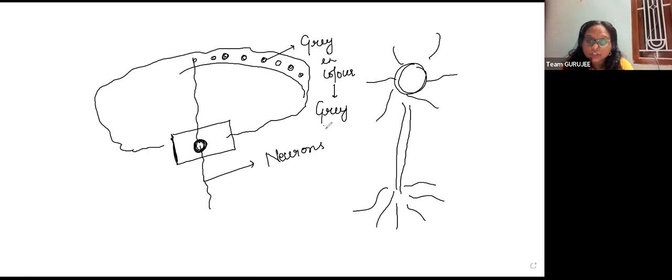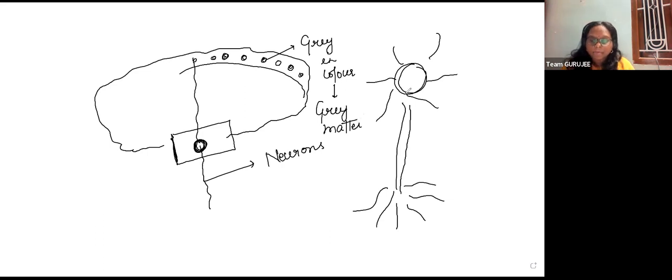When you read about the brain, in your NCERT also it is written that the cerebrum of the forebrain is gray and white both. So how is it gray and how is it white? When you see the top part of the forebrain or the cerebrum, it is gray in color. Why is it gray in color?